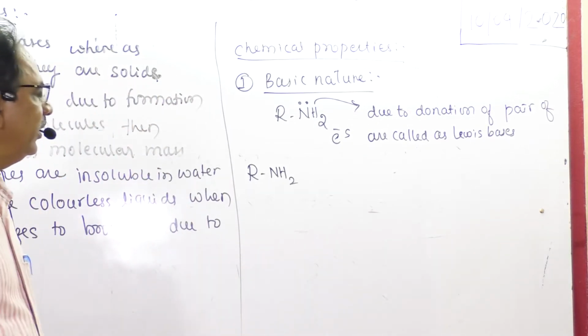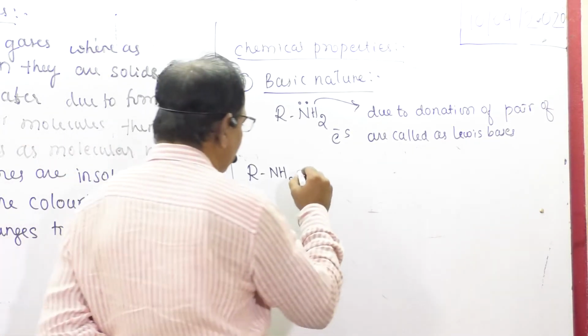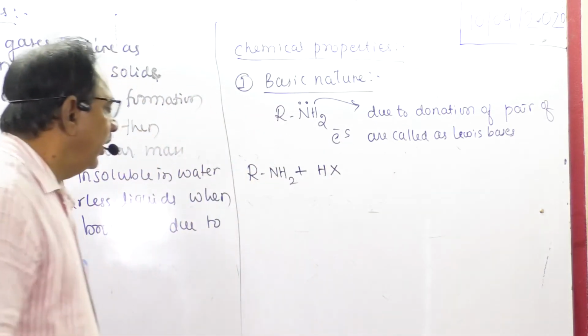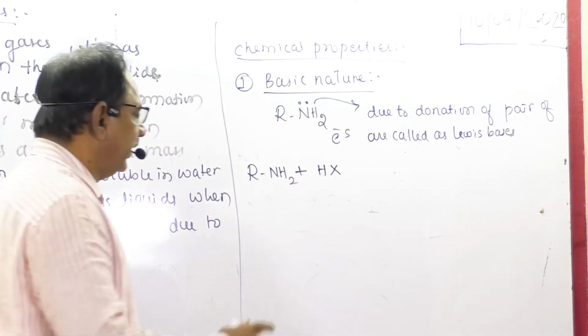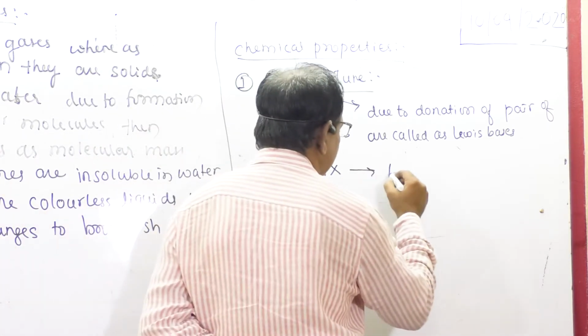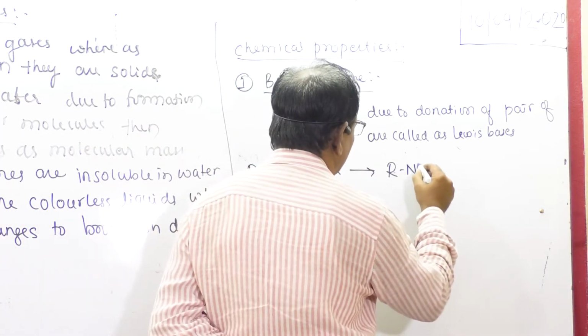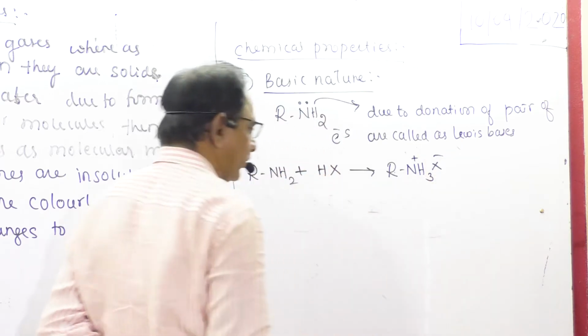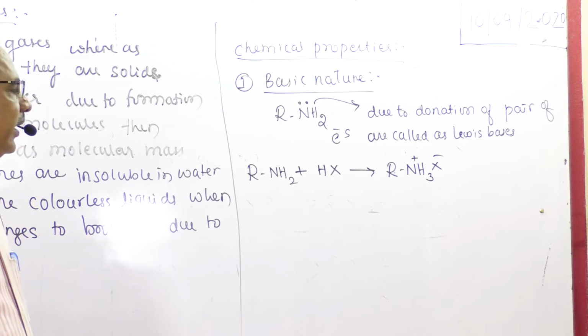Amines, when treated with acids, form salts, RNH3+ X-. This is called a salt.